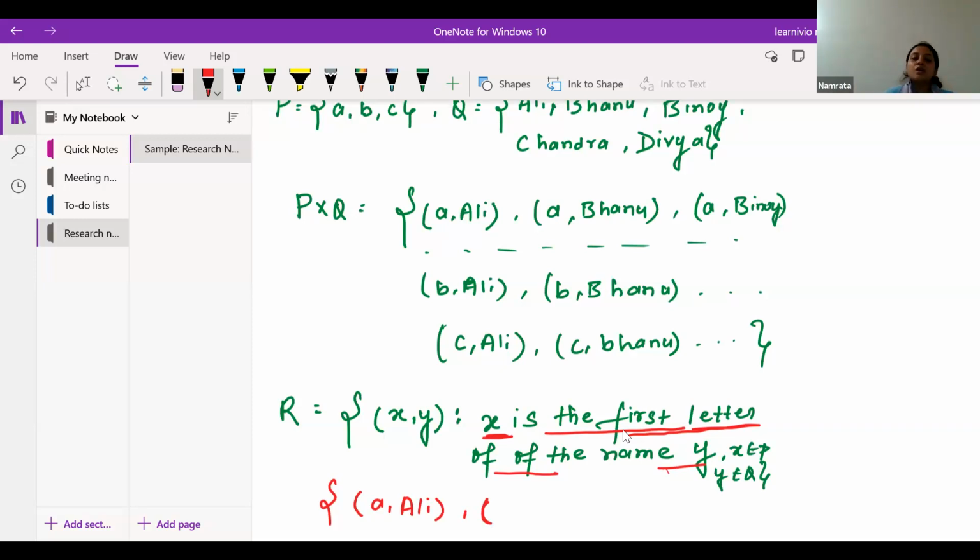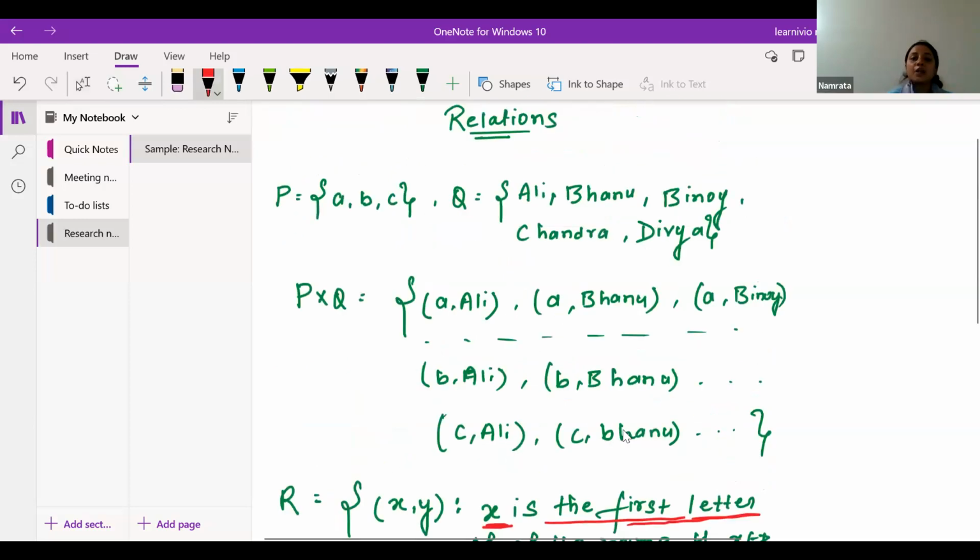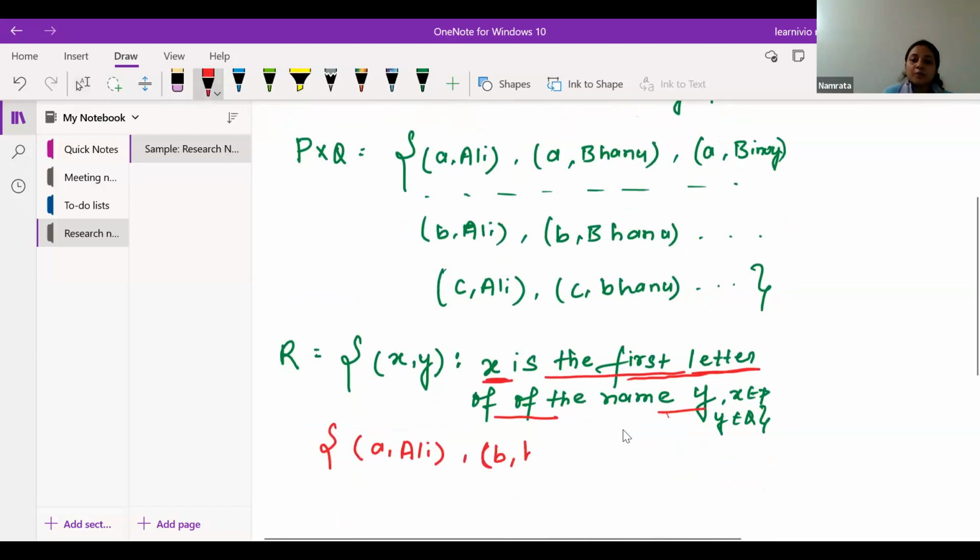So for B, the names which start with B, if you go up, are Bhanu and Binoy. So one by one we will take them with B. We can write B with Bhanu, and we can write B with Binoy also.